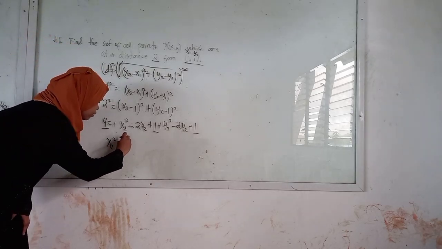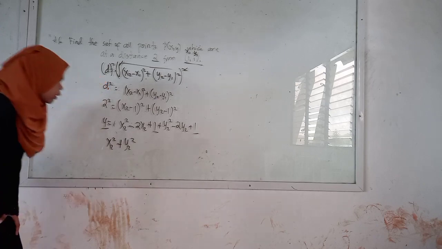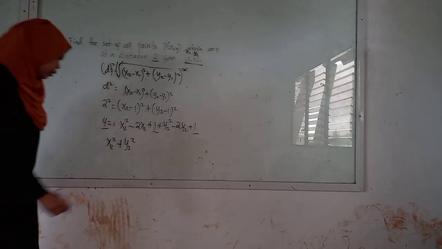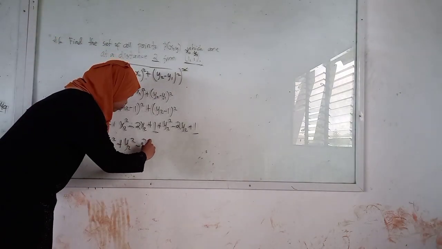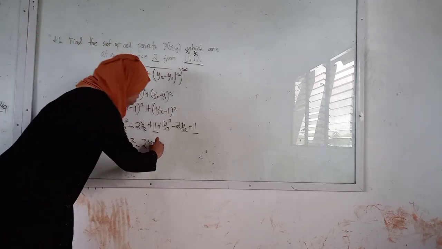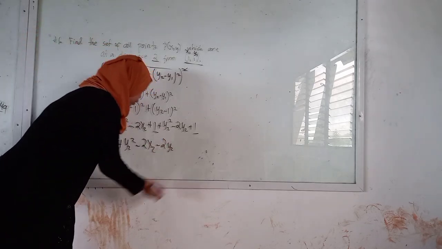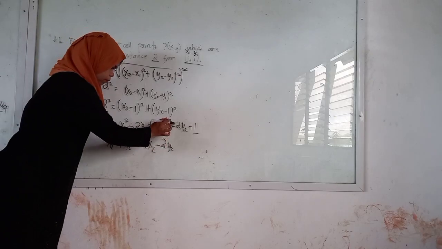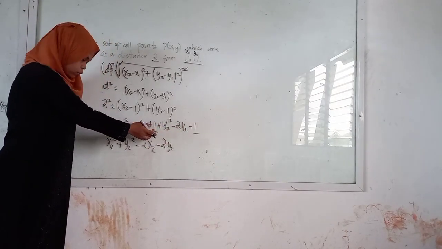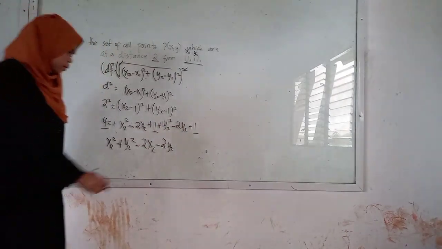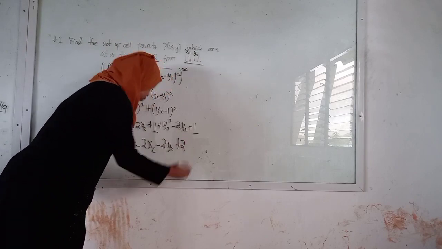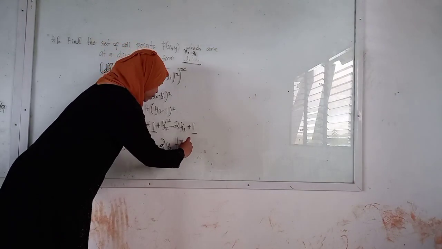Plus, y sub 2 quantity squared. And then, minus 2x sub 2 minus 2y sub 2. And then, 1 plus 1, that is 2. 4 minus 2, that is plus 2. Okay. Equal to 0. Okay na.